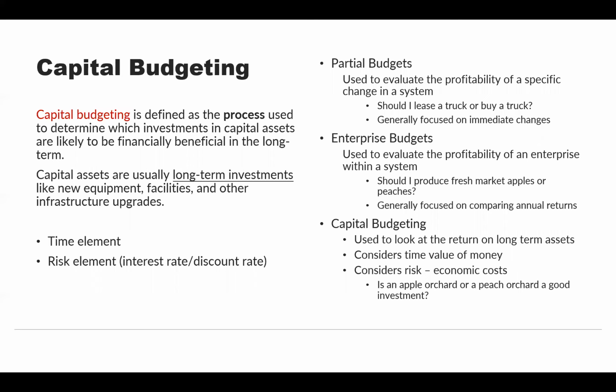And in our assessment in capital budgeting, what we're taking into account that we haven't really taken into account as much with some of the other tools we've been doing is the time element of these investments. Often these are investments that are going to have payback periods over 5, 10, 20 years.